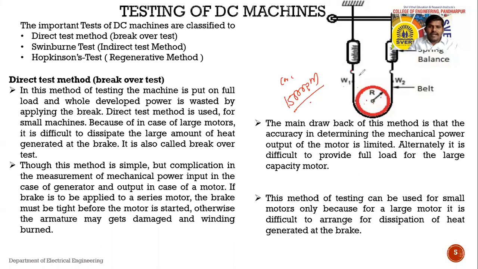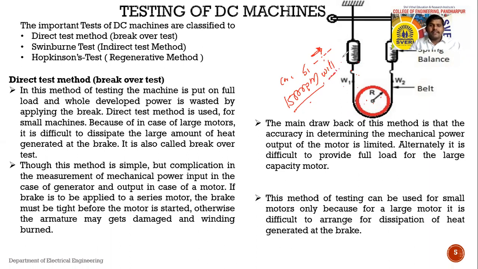If we increase the load, at that situation the spring balance vibrates, or it shows a reading which is not correct because of the variation in the needle, or the pointer. So we are not able to take the accurate reading of the spring balance.